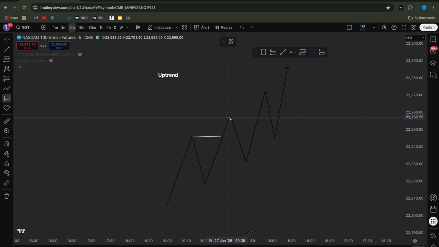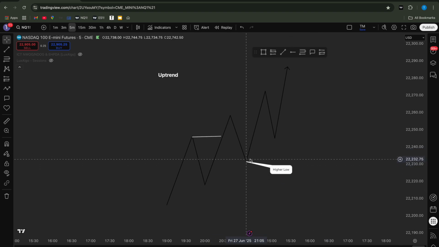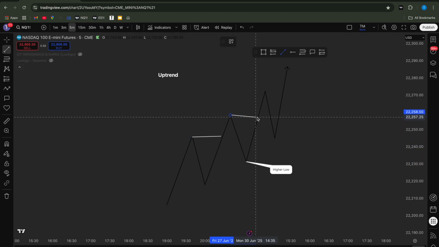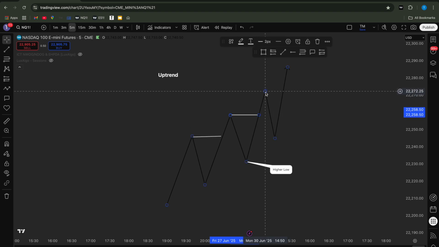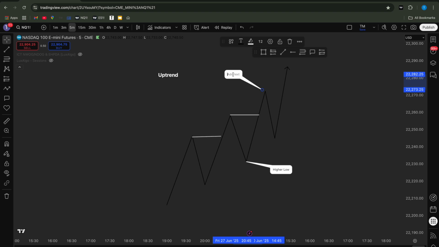And then you see it happen again. You get this high, it comes down, it makes, can you guess, a higher low, because this low is higher than this low. Then price comes up again, sweeps this high, and creates a higher high.